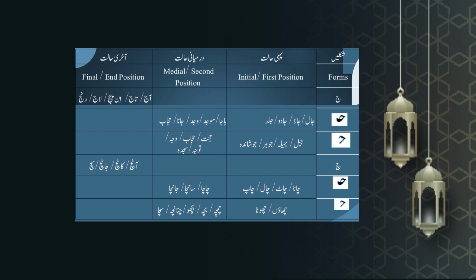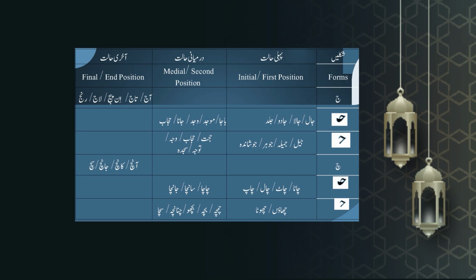We have examples here: aj, taj, page, large, range, and we have thousands of examples like this. And you have to remember that when the alphabets of the Jim group and also the Be group come at the end, they come in their full form.